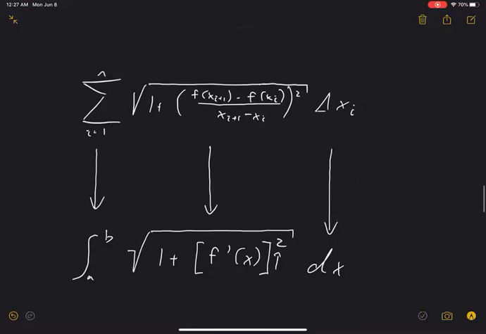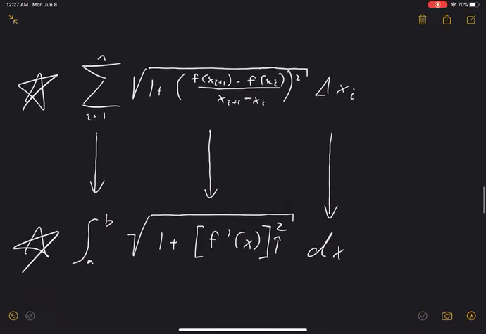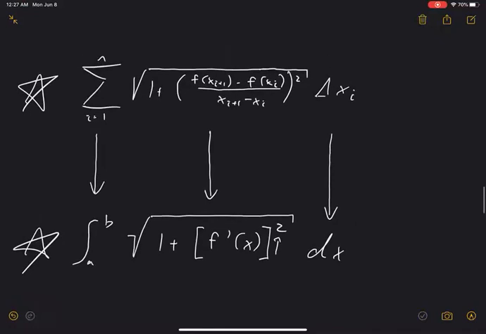So maybe we see that the limiting behavior of this is this. This integral is going to be the perfect approximation. It's going to give us the true value of our arc length. So to make a long story short, we get this nice formula for arc length. If I want to find the length of a curve between 2 points A and B, it's just the integral of the square root of 1 plus f prime of x squared dx.